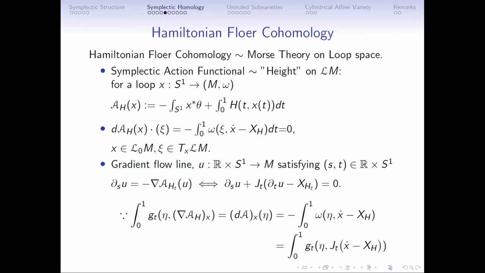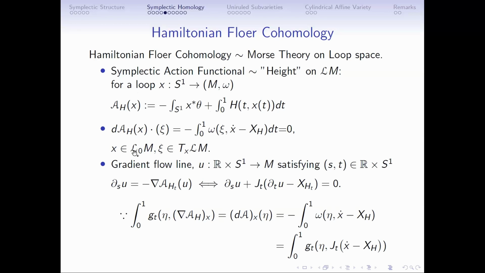Then the corresponding height function is the symplectic action function: for each loop we integrate along the loop and evaluate the Hamiltonian function, and that gives us a height function on the loop space.